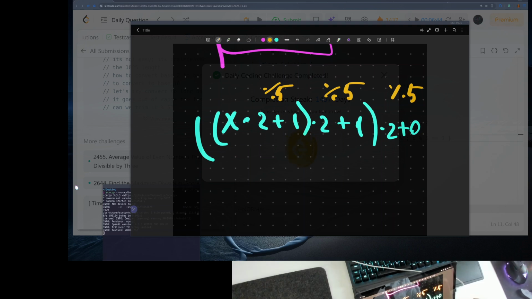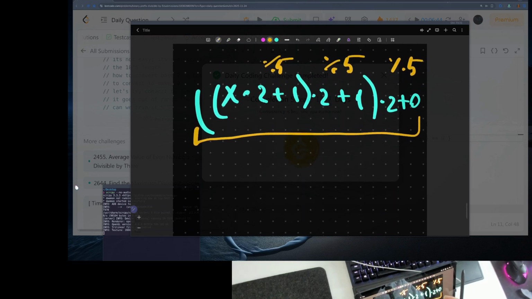So what we care about is that the sum of this is irrelevant of the actual value. We only care about what is left over, or the remainder.